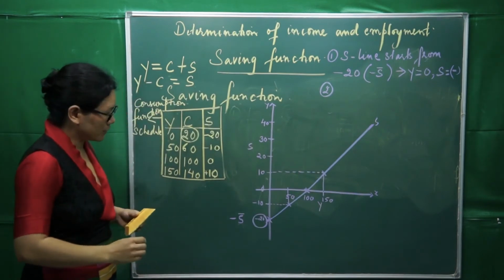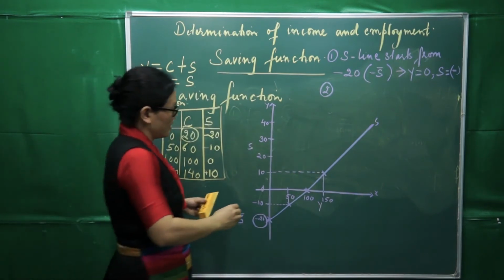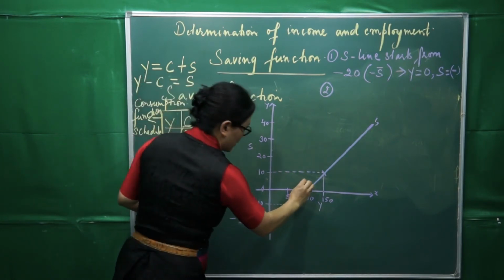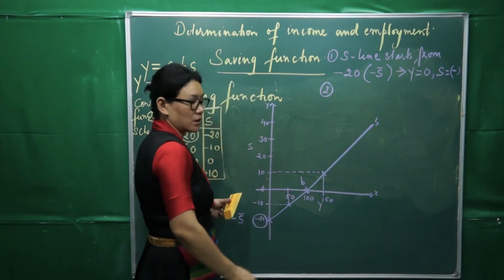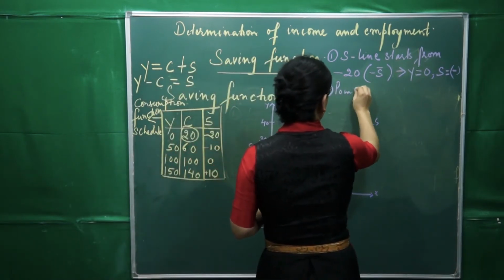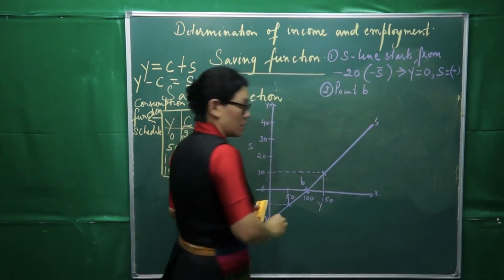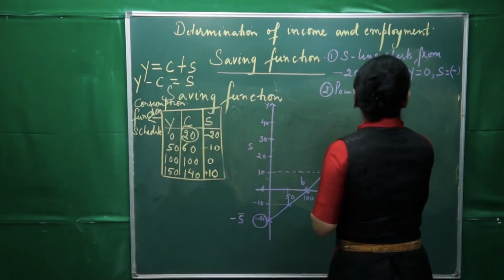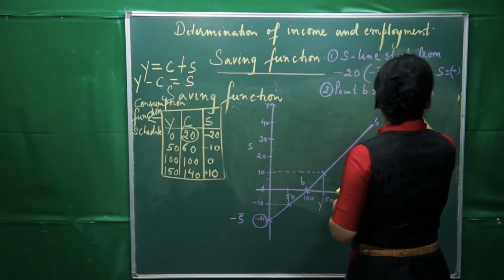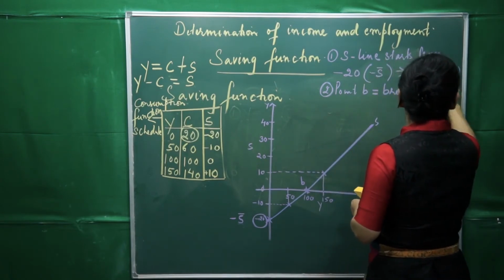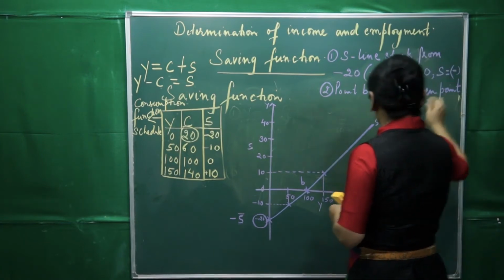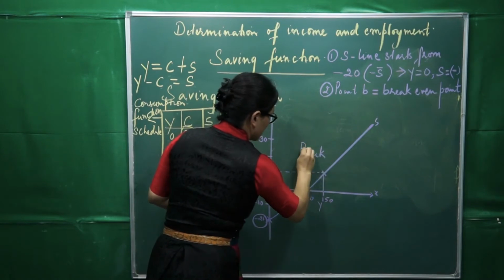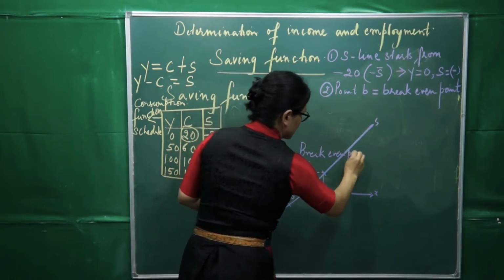Second, look at this. So I'll give here B, point B. What it shows, this point B is the break-even point. Okay, it is what? It is break-even point. So I'll write here break-even point.